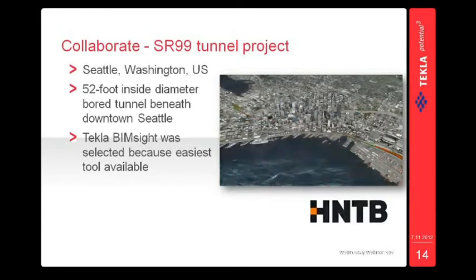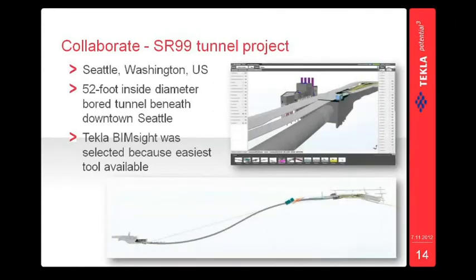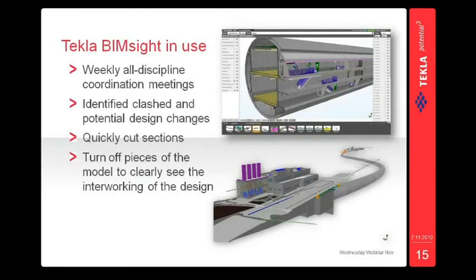And in the project, HNTB used TeklaBIMSight to find design and coordination issues between disciplines, and the reason why they selected TeklaBIMSight as a visual collaboration tool for this project was that they thought TeklaBIMSight was the easiest tool available. So how was TeklaBIMSight then used in this tunnel project? Well, first they loaded all models from different disciplines into the TeklaBIMSight project.